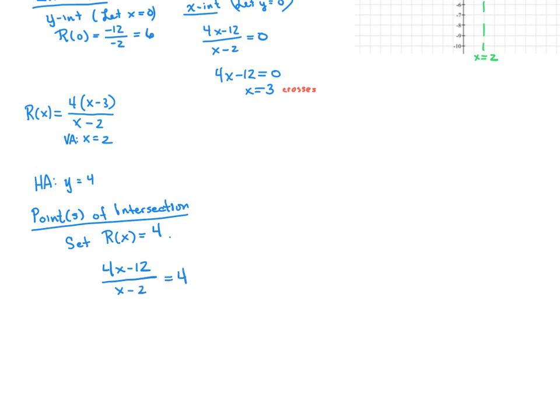That's equal to 4. Let's multiply both sides by x minus 2. So the left-hand side is just 4x minus 12. The right-hand side is 4x minus 8. Now if we subtract 4x from both sides, we get negative 12 equals negative 8, which is always false. So therefore there is no solution, and therefore there is no point of intersection.